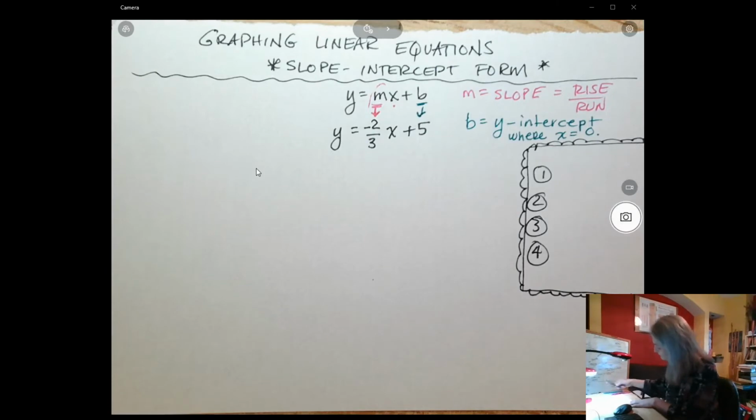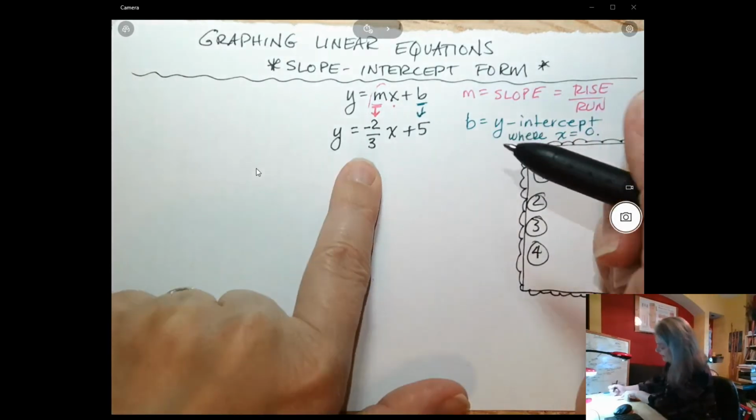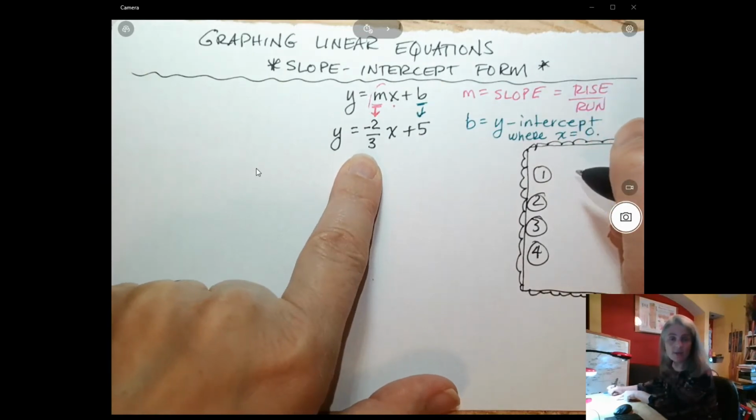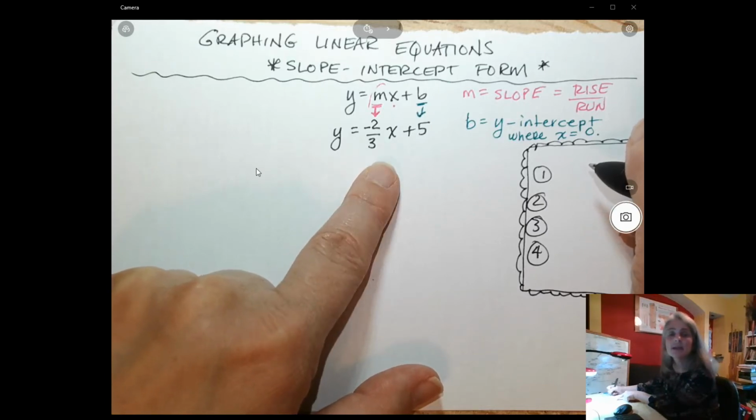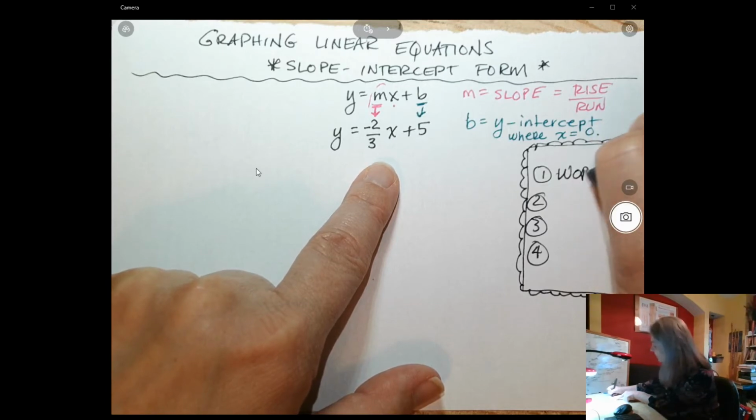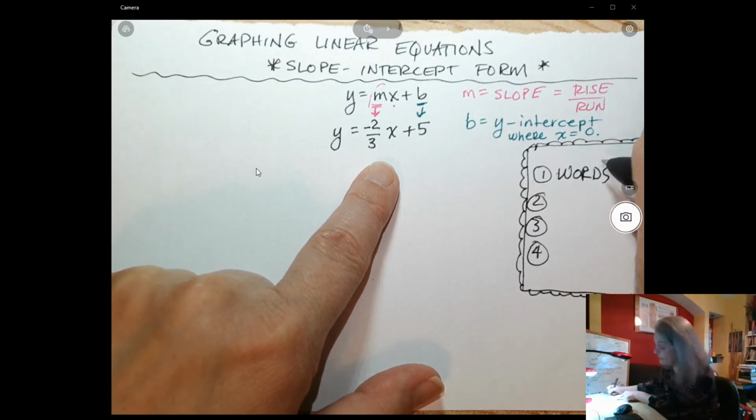So here are a few things we can do with this equation. First of all, we can talk about it in words. With any function, and we're talking about linear functions today, you can use words to describe the function.